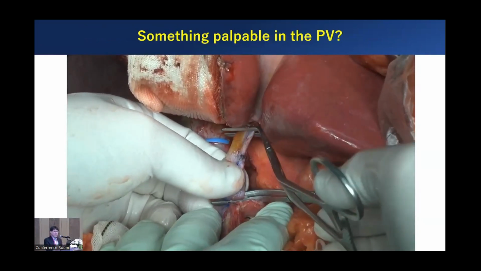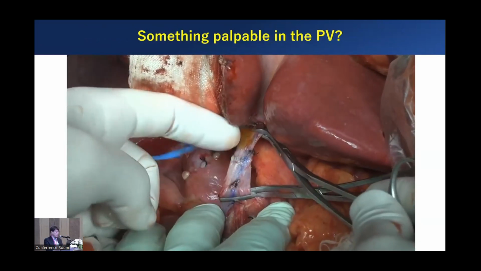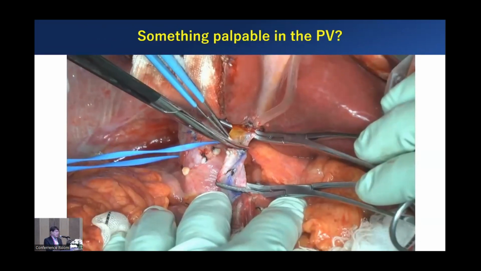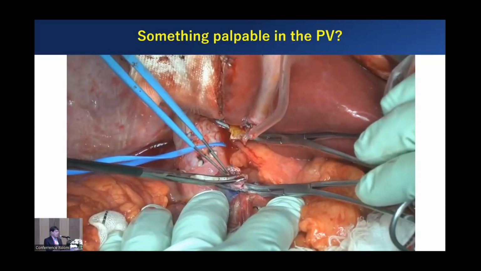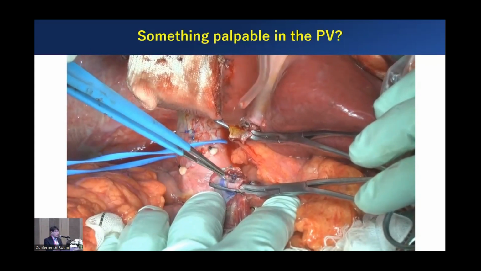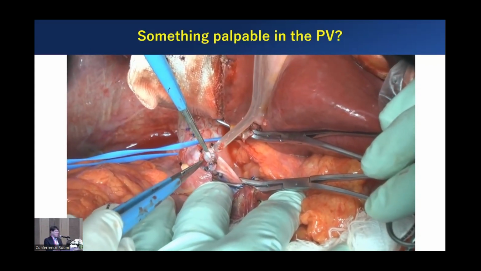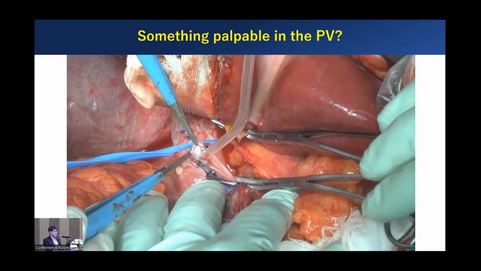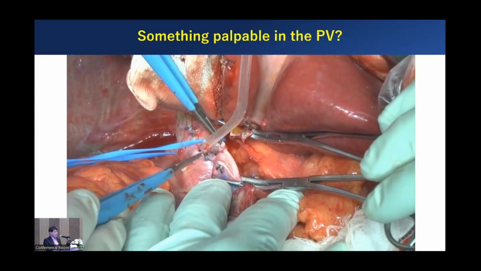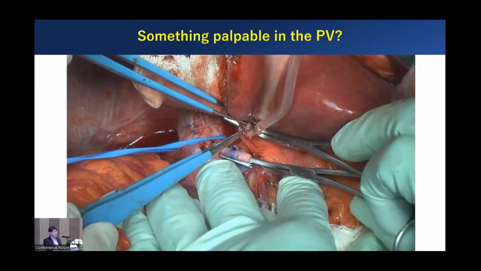So we re-anastomose here. You can see the small thrombus here. Also, this is a very small thrombus. This also is thrombus.